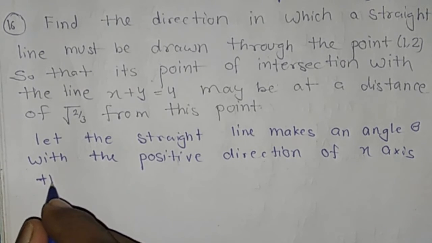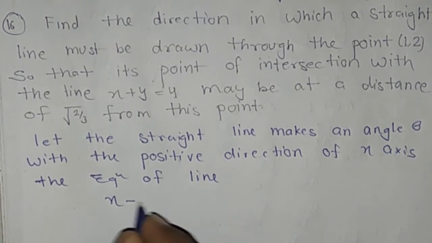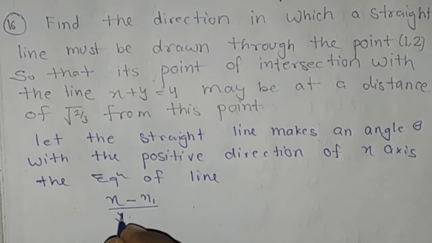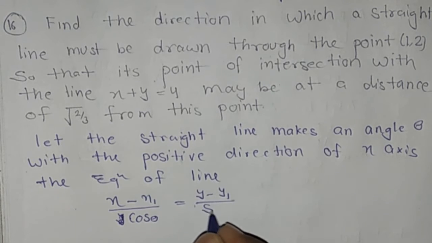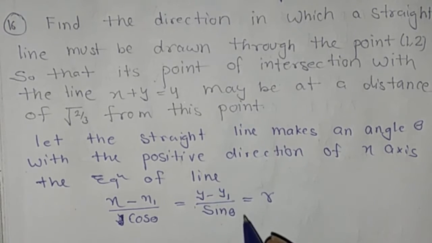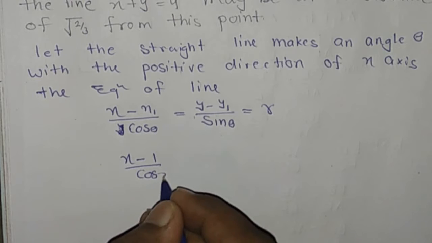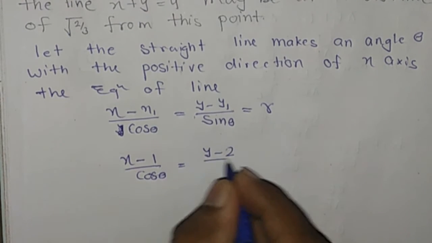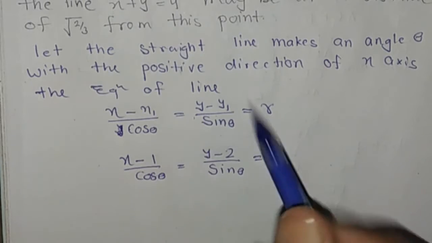Then the equation of the line is (x minus x1) by cos theta equal (y minus y1) by sin theta equal r. Value of r is root 2 by 3.